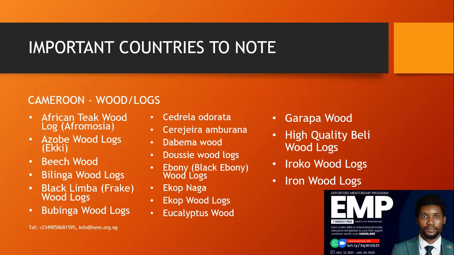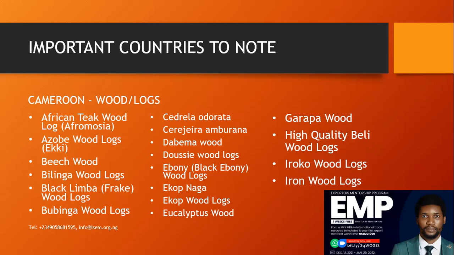Important countries to note include Cameroon. Cameroon has a lot of wood, a lot of logs. I've been to Cameroon several times to fall logs that are exported to other countries like Vietnam and Bangladesh.